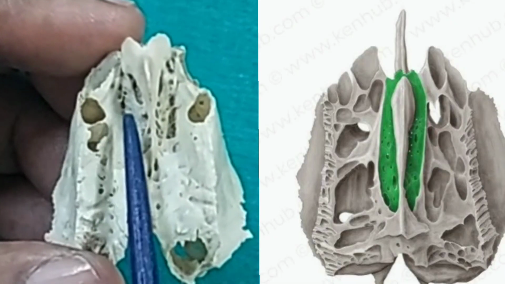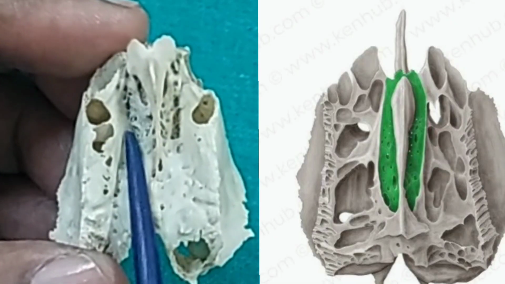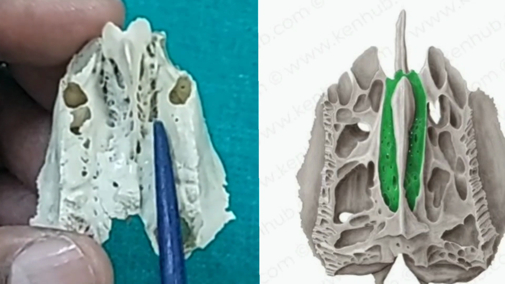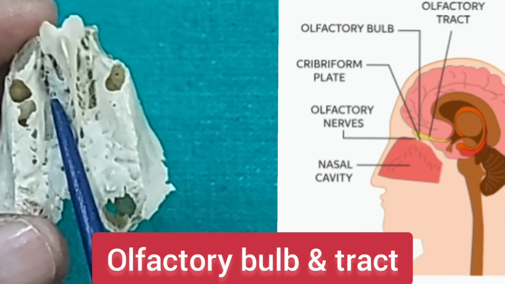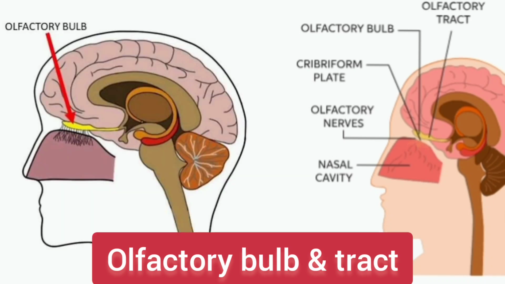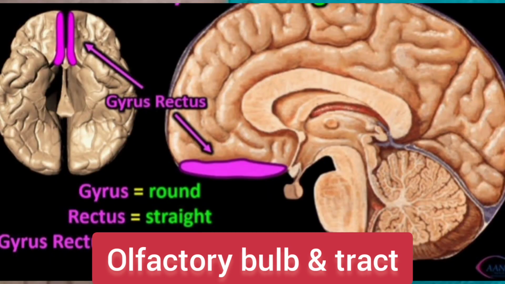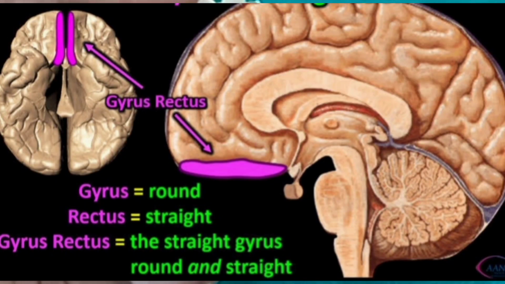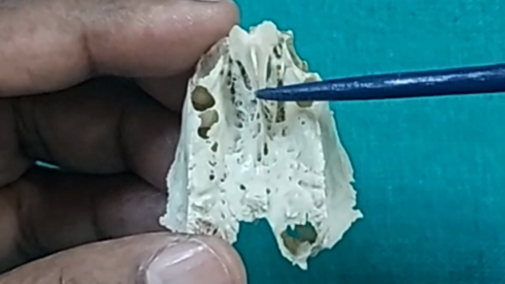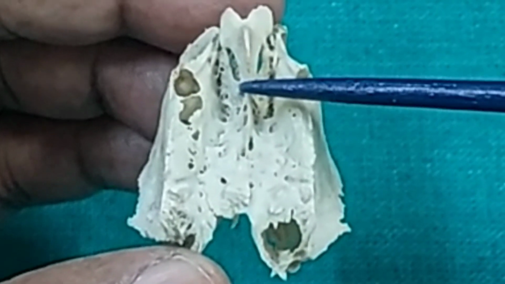Then what will you get on this surface? Here you will get mainly two important structures. One is the olfactory bulb continued as the olfactory tract, and the gyrus rectus of the inferior surface of the frontal lobe of the cerebrum. Then come to the crista galli. Which structure is attached to its posterior border?